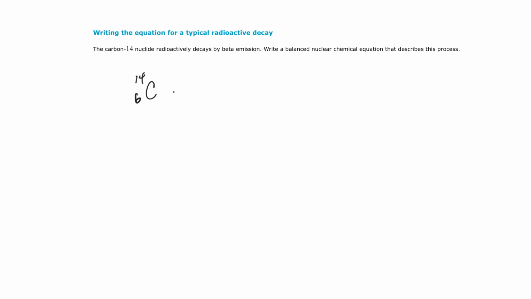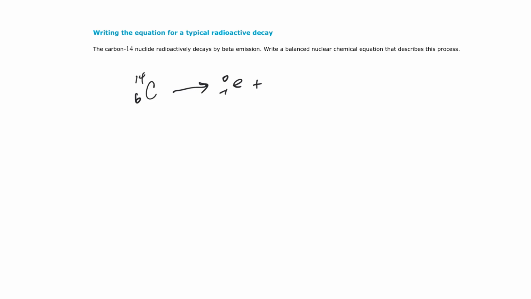So it's going to break down, and beta emission, remember, is that high-speed electron. The electron has no mass, so that's a 0 mass number, but it has a negative charge, so it'll be a -1 charge. And then it's going to have some kind of daughter nuclide that I don't know yet, but I just have to make sure that everything balances. The top numbers have to balance on both sides, and the bottom numbers have to balance on both sides.